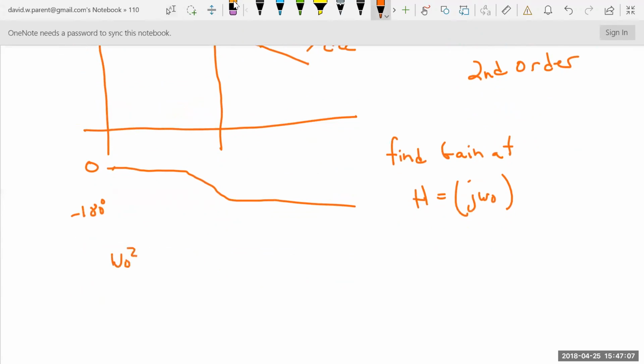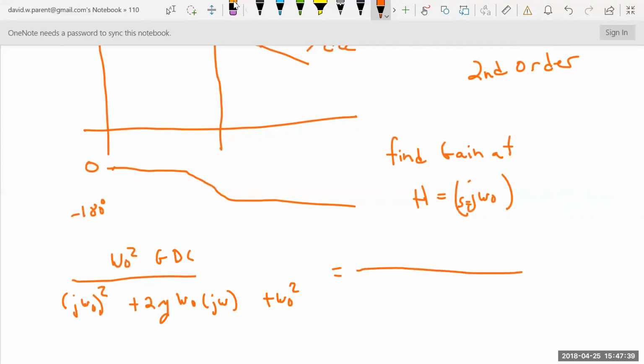So we have omega naught squared, we have j omega naught squared, because we're substituting s equals j omega naught. We have 2 zeta omega naught times j omega naught plus omega naught squared.